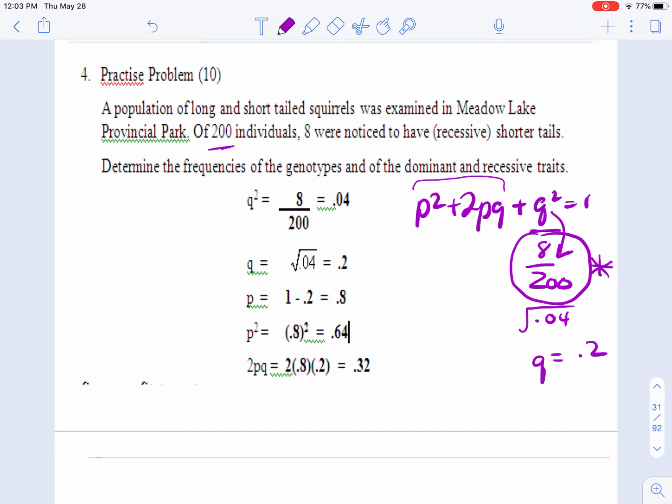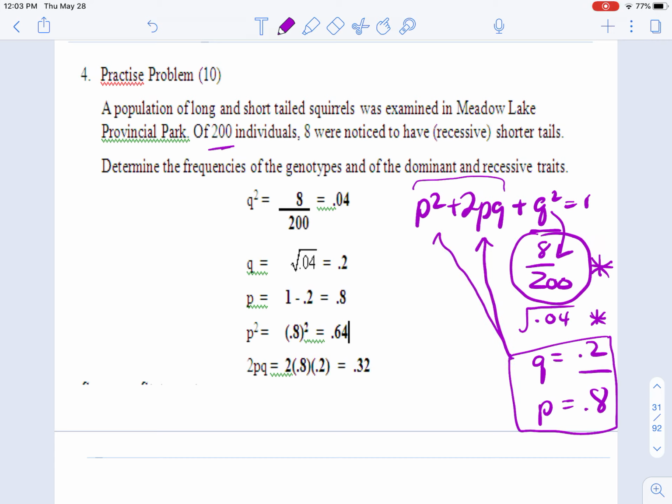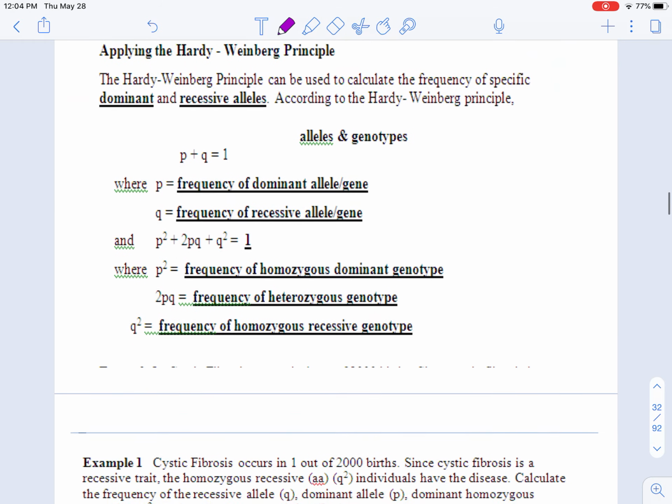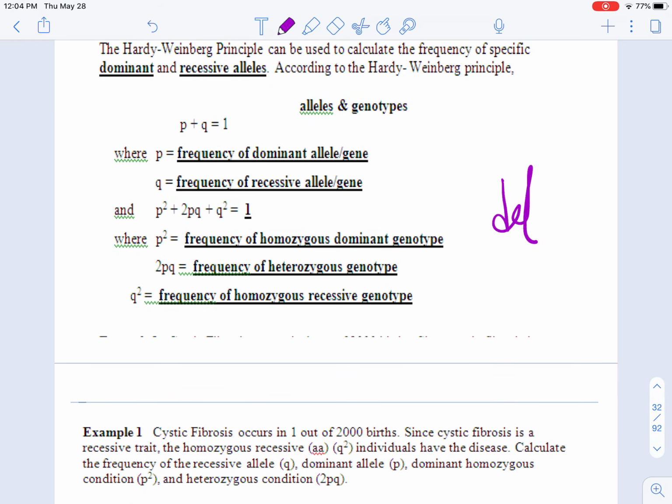So sometimes there is this extra step of dividing to find out what your q squared is before you square root it. And then you'll find out your q, and then of course your p would be 0.8 because they equal 1. And once you find your p and q, you can go back and determine both other parts of your genotypic frequencies. Okay, so there is sometimes that extra step in there.